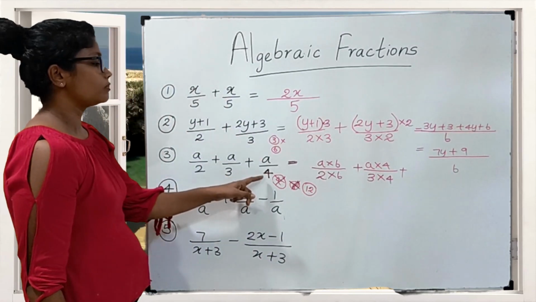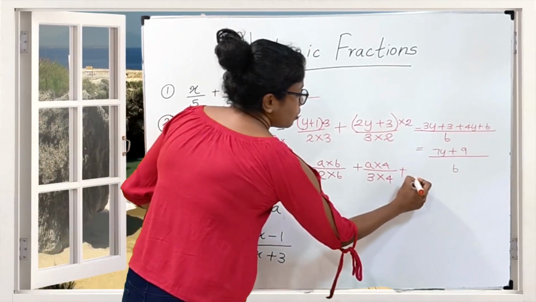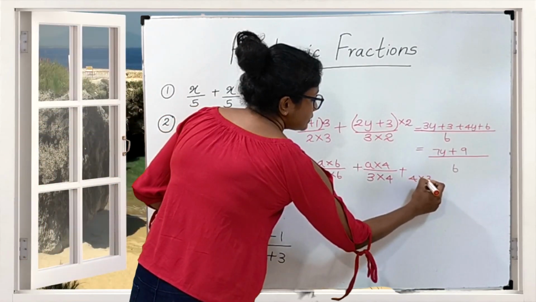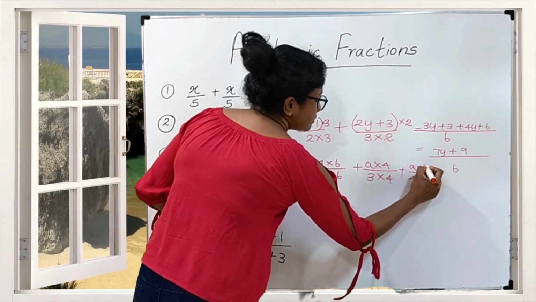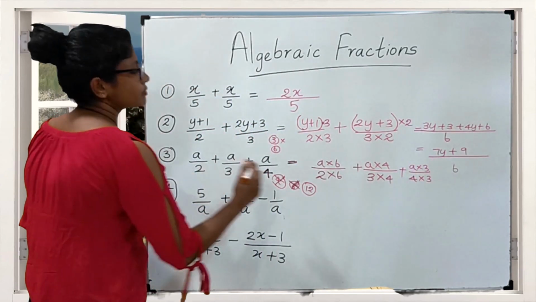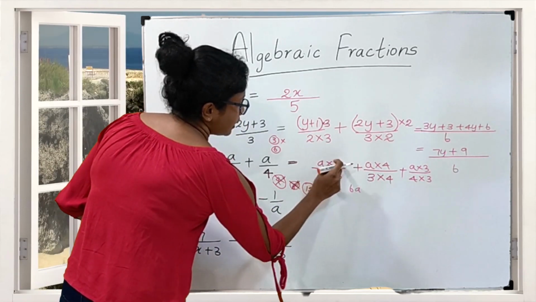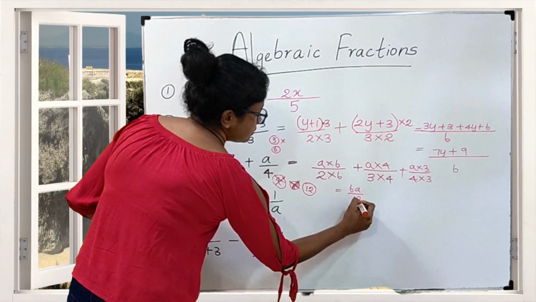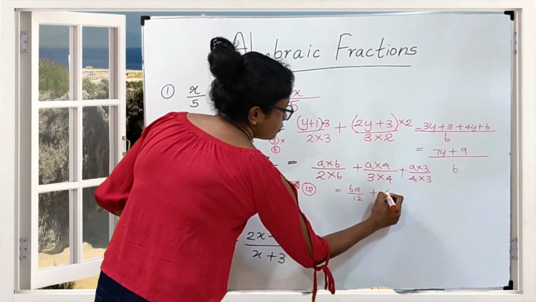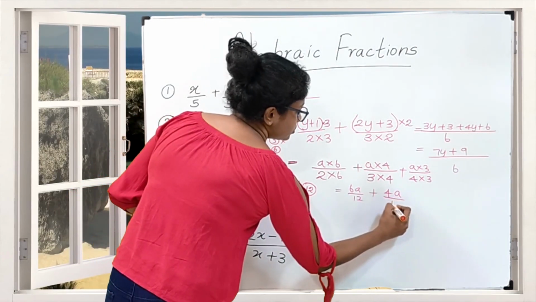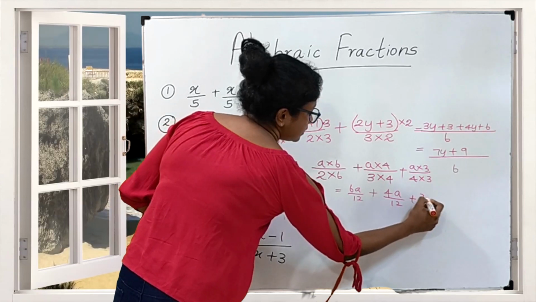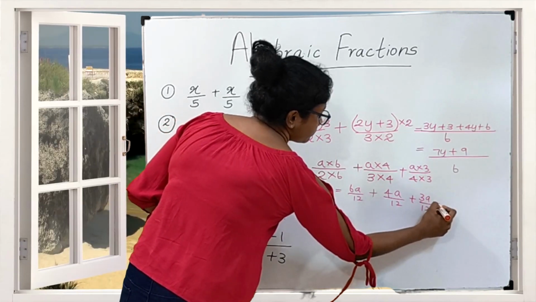Then 4 multiplied by 3, then again A multiplied by 3. Then it gives the value 6A over 12 plus 4A over 12 plus 3A over 12.